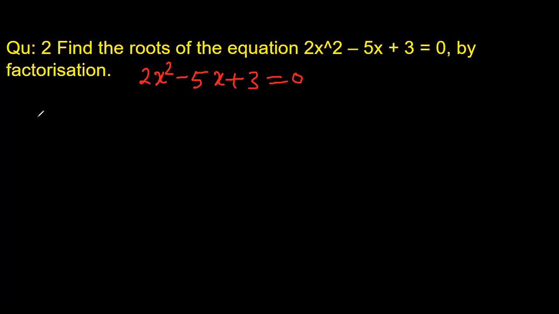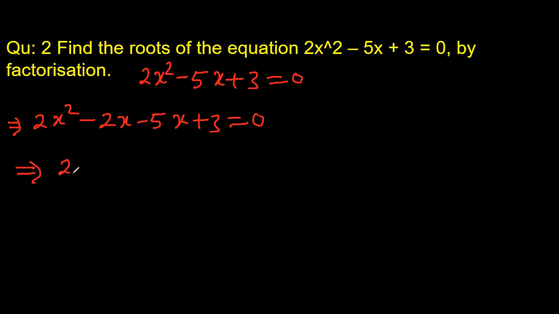And now split the middle term. This implies 2x squared minus 2x minus 3x plus 3 is equal to 0. So this will imply you can take 2x common, and then you have x minus 1.